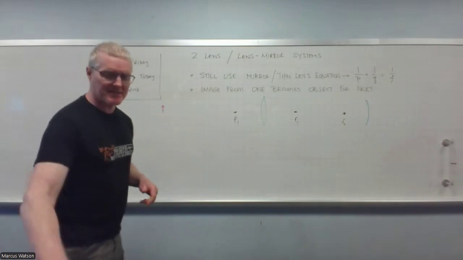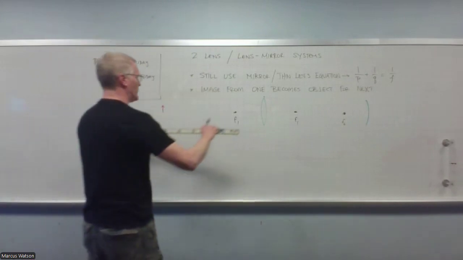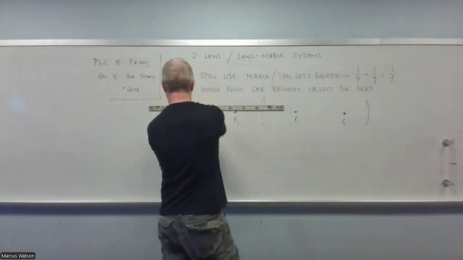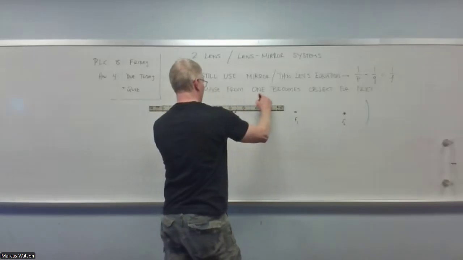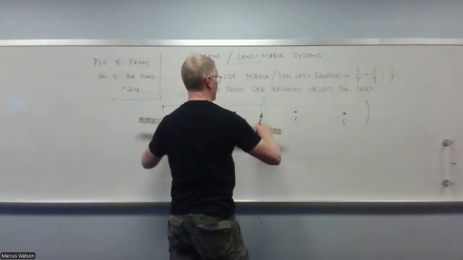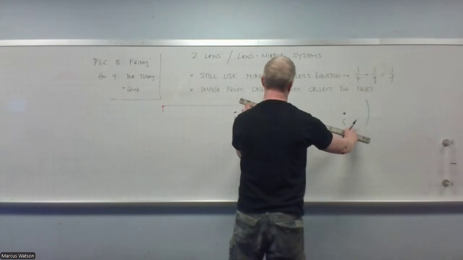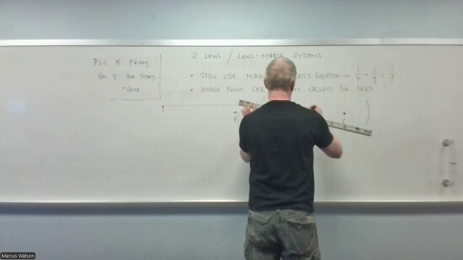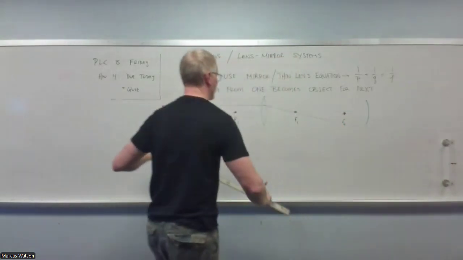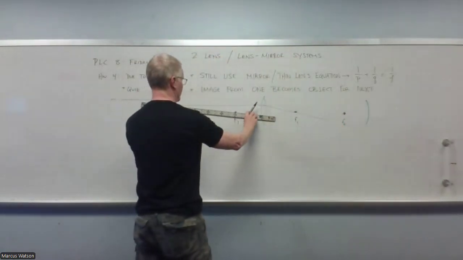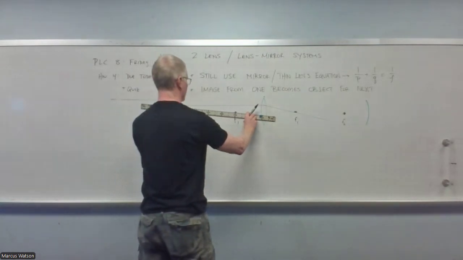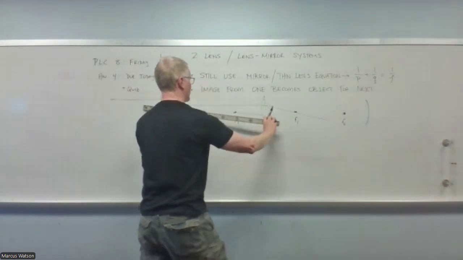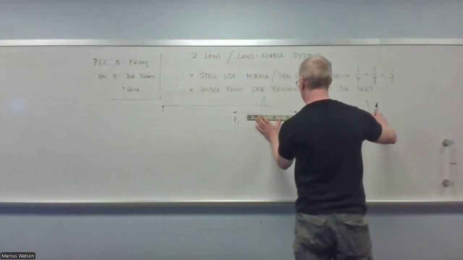So just sketching this out, what we do is we have the incoming ray parallel with the axis, like so, and going down through the focal point, about like so. Missed a little bit there. I can utilize this focal point here and find one that goes like this, which then comes out here.